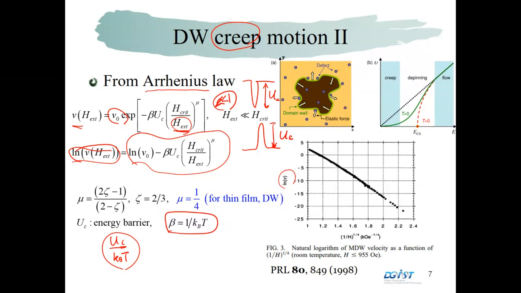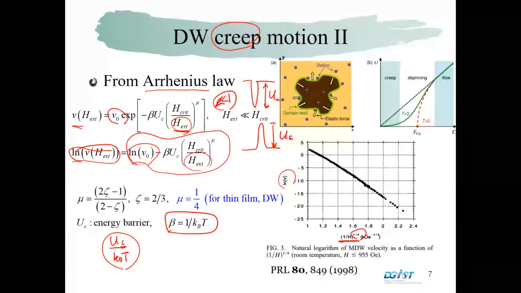Here is one example of the experimental data. In this case, the intersection gives us log V0, and the external field, in this unit, is plotted as 1 over H to the power 1/4.